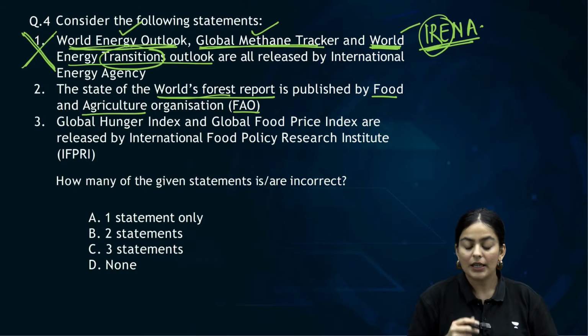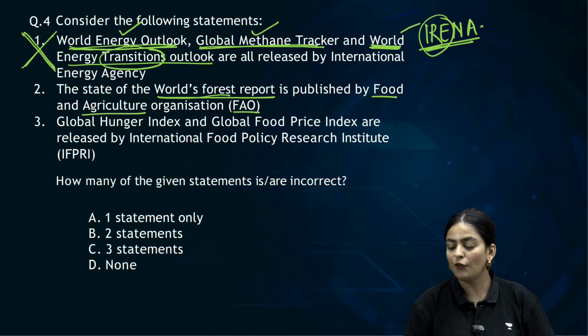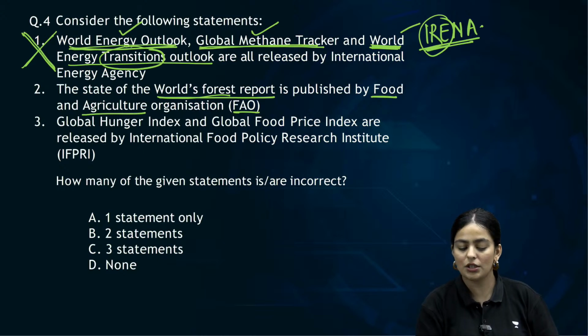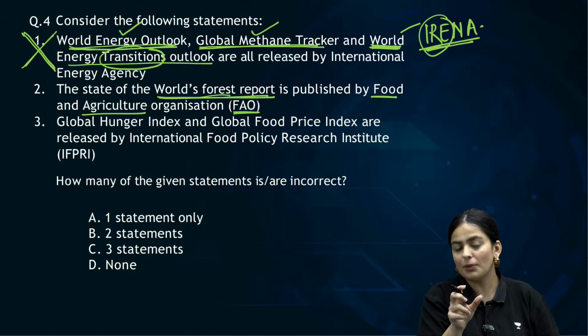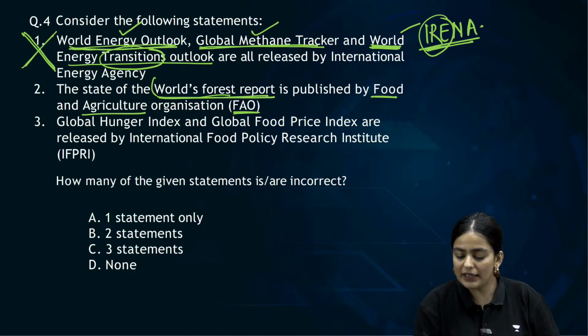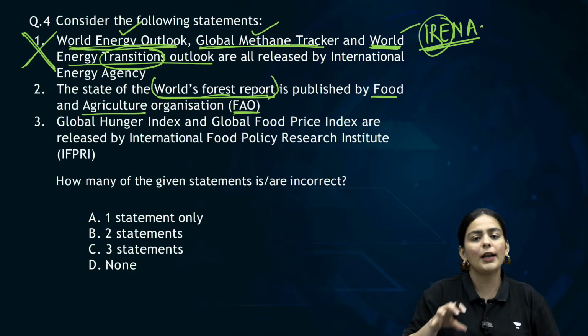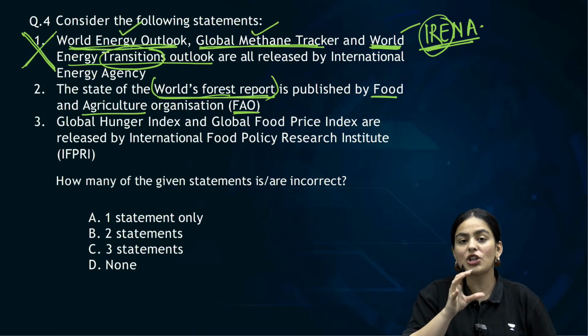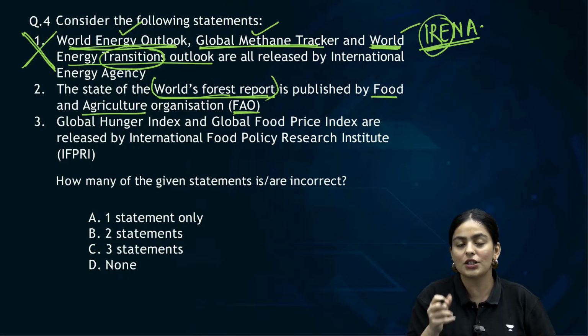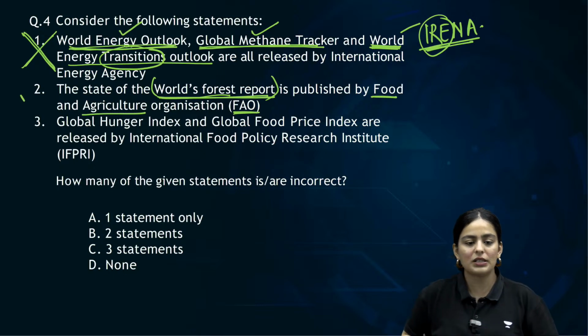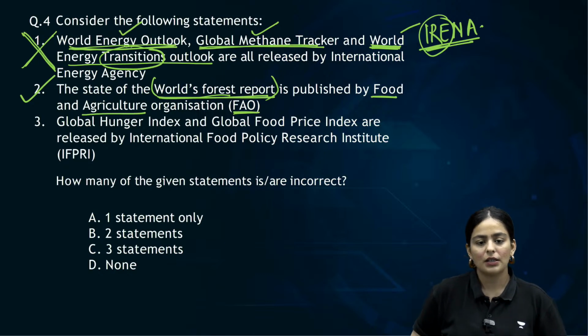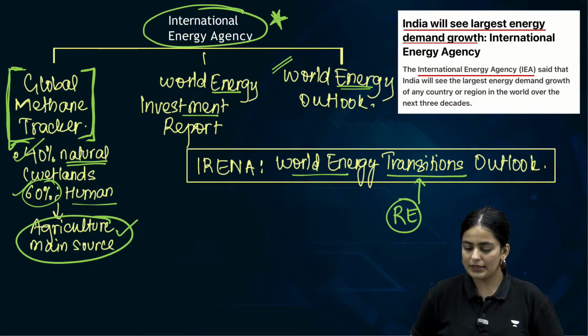Please remember this, even if it sounds weird that a food and agricultural organization would release a forest report. It is true. Sometimes these kinds of reports which seem to have no connection to the organization do come. Okay, so the second is absolutely correct. FAO is releasing the World Forest Report. Clear? Yes.